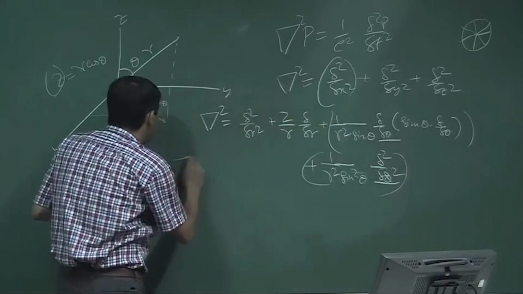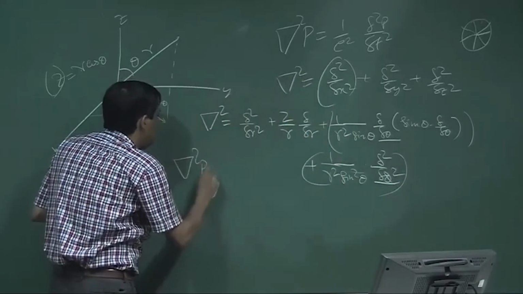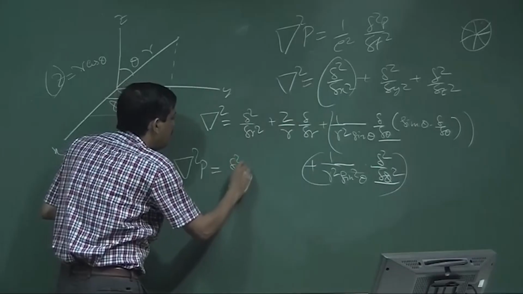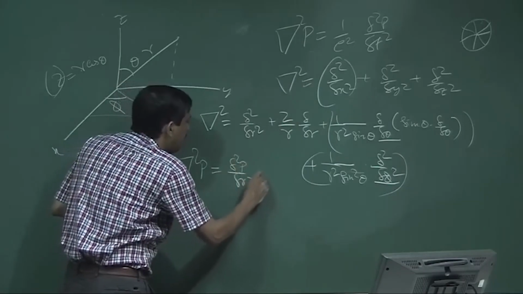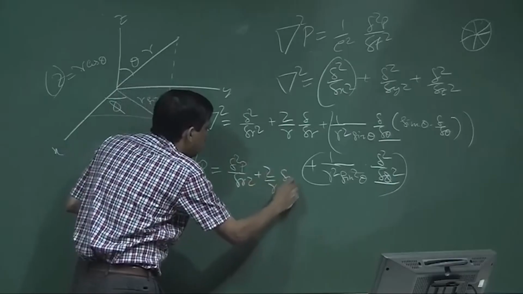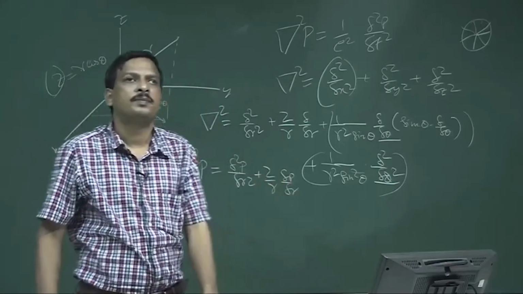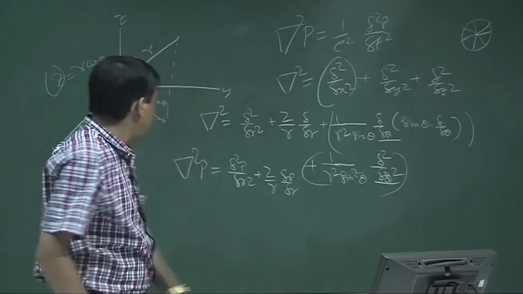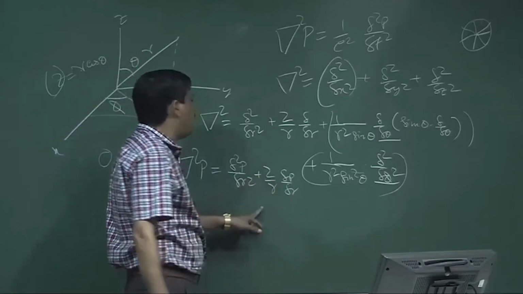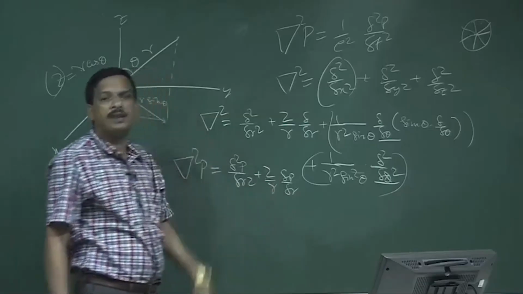If I write del square p, it will be only del square p by del r square plus 2 by r del p by del r.